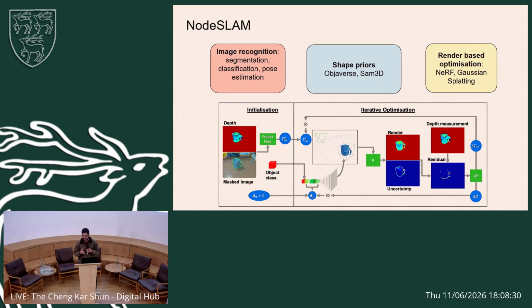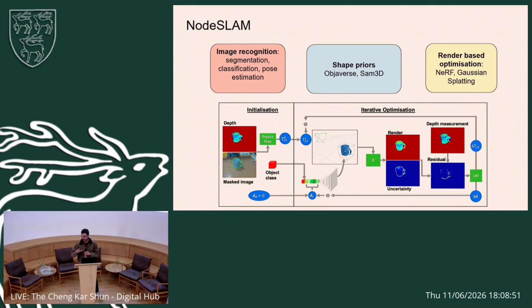For this, we need a lot of data of shapes of objects of the different categories we are interested in manipulating, and we build a latent space that allows us to infer the full shape even when we have partial observations. And the third part is how we put this together, and that is through render-based optimization.